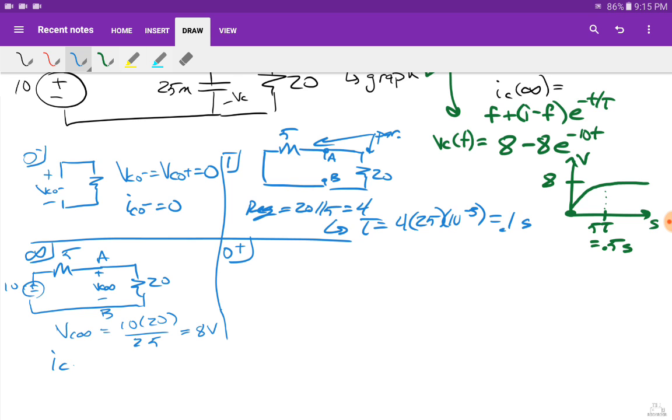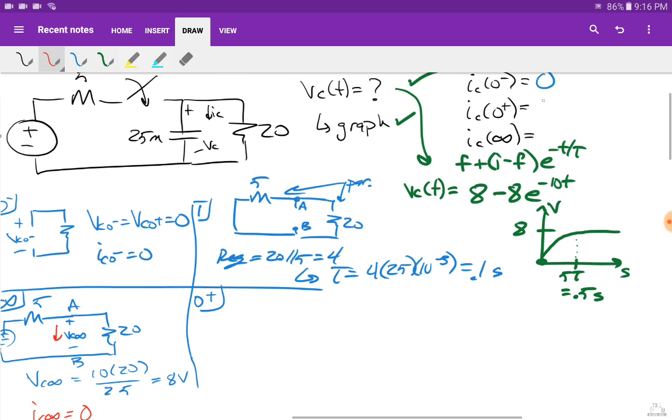IC infinity, okay, that's basically saying, let me put it in red, the current right there. Okay, the current through the capacitor. The capacitor is behaving like a short, but it's behaving like an open right now. An open, by definition, means that there is no current. That's the whole definition of it. So IC, not at 0 plus, but IC at infinity is equal to 0.